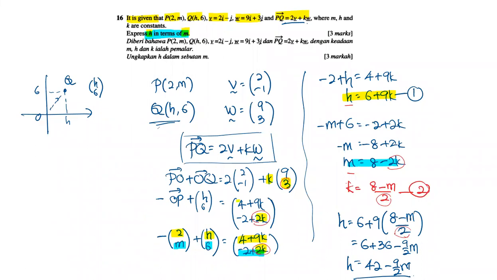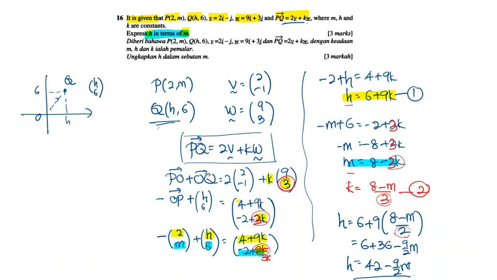Okay, let's go back to page 2. I got a mistake here. This one is actually 3K. So here the mistake is 3K. And then here is 3K. Negative M is 3K. When you bring it over, this one is divided by 3.